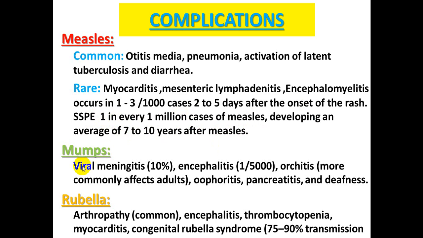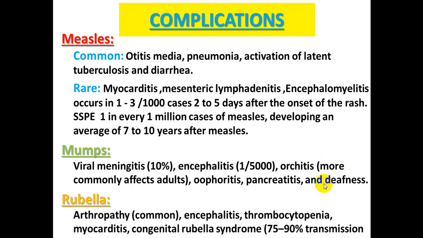Complications of the mumps. The patient with the mumps might be complicated by viral meningitis, about 10% of the cases. Encephalitis, 1 in each 5,000 cases of mumps. Orchitis, more commonly affecting the adults, or oophoritis in the females.